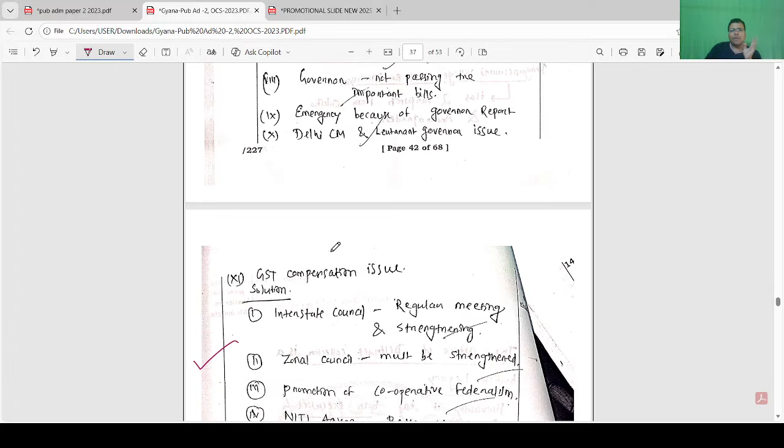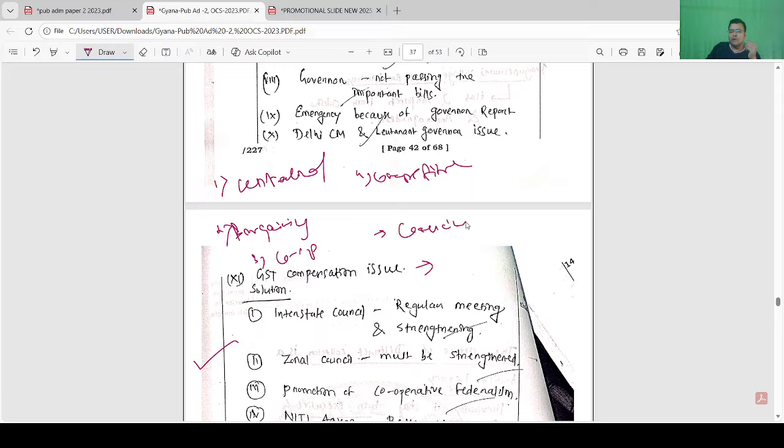Something more that I need: federalism from 1947 until now. We have witnessed many types of federalism: centralized, bargaining, cooperative, competitive, and recently we have witnessed two more types of federalism, coercive and combative.